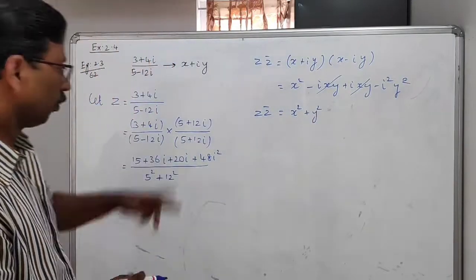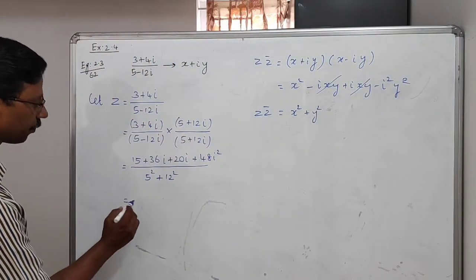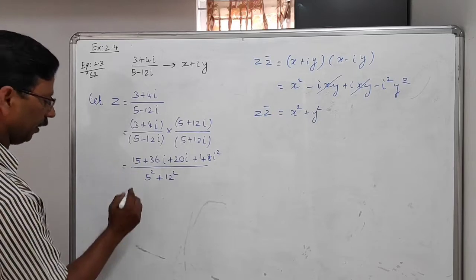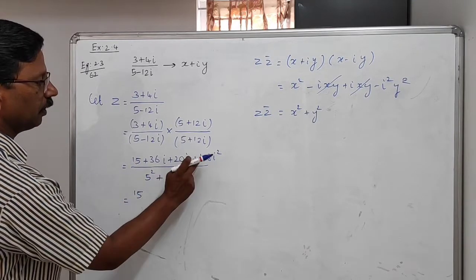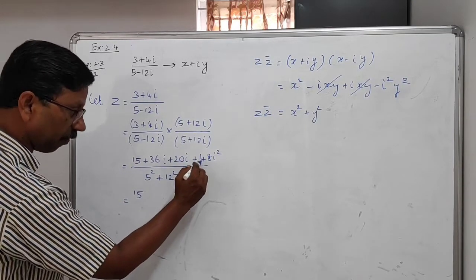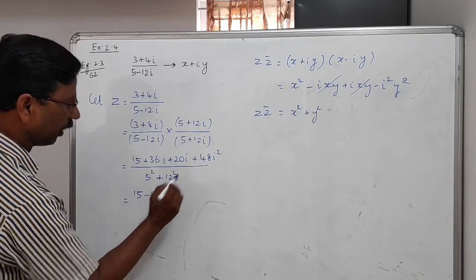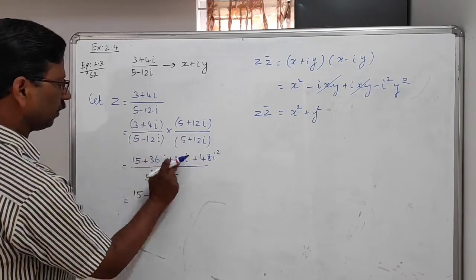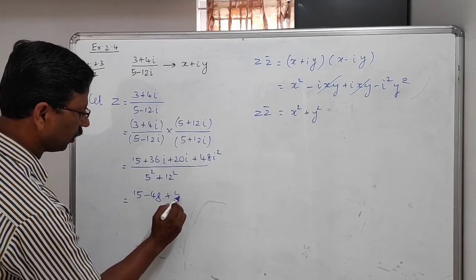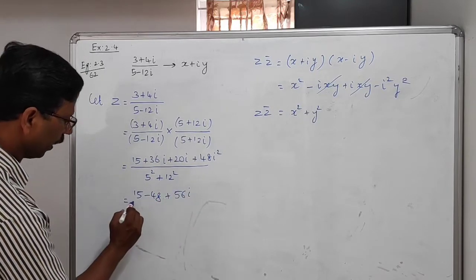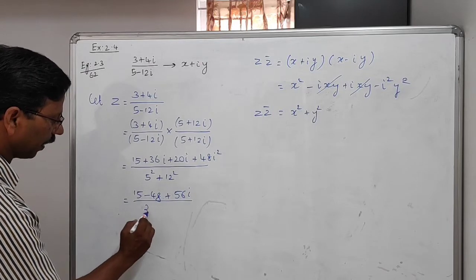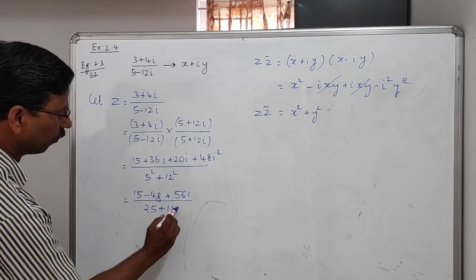i square. Likewise, you can now write which is equal to 15, this is minus 48 because i square is equal to minus 1. Then the sum of these two becomes plus 56i by 25 plus 144.